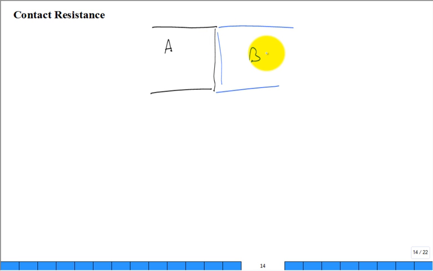But your experience says there may be something going on at the interface because surfaces have roughness. You took two rough surfaces and put them together, and if I zoom in, I may find that A looks like a mountain range, and B looks like a mountain range, and they hit some spots and leave some gaps in other spots.